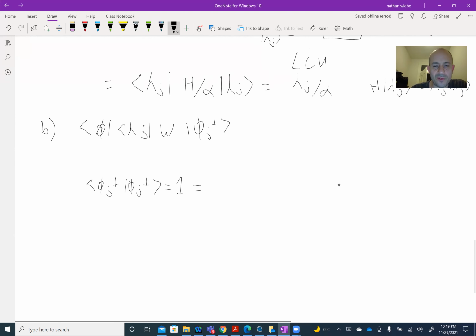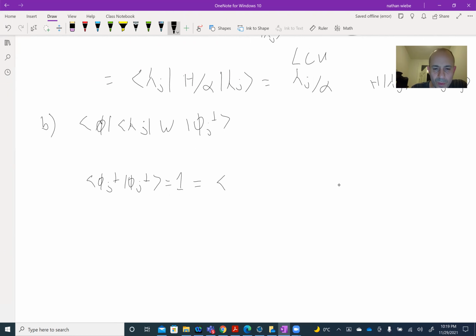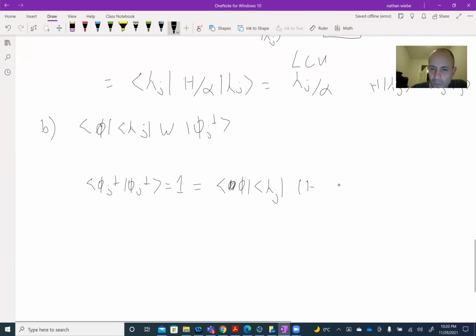So this is equal to phi lambda j times identity minus the projector onto the space, which was phi tensor lambda j.